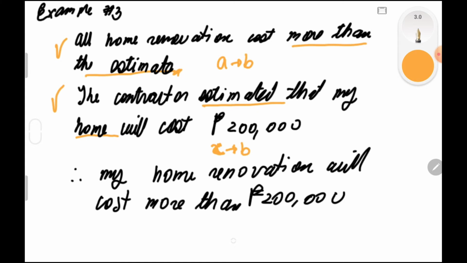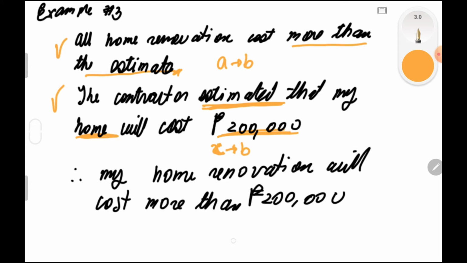Okay? So, more than the estimate. The second idea is that it says the estimate is 200,000. Okay? Which describes our B, our C. Okay? So, this is our B, the estimate of the home renovation.